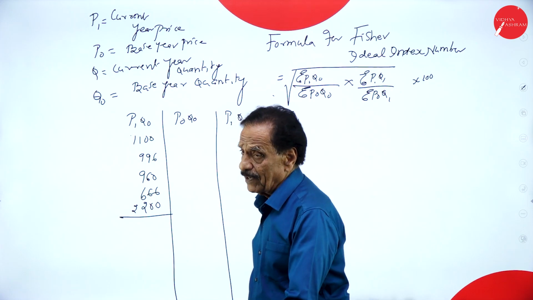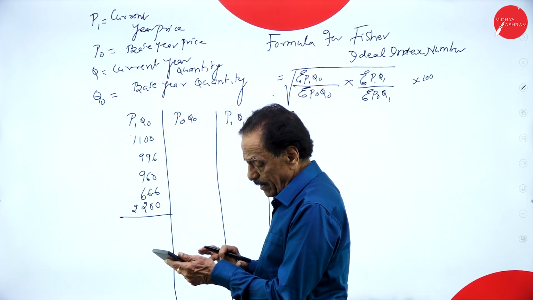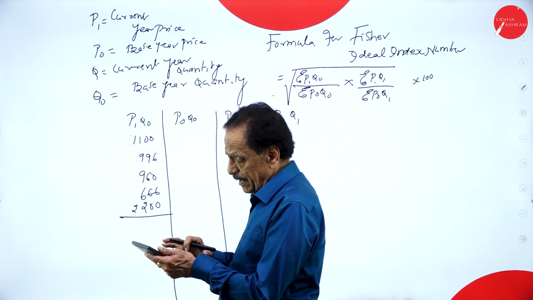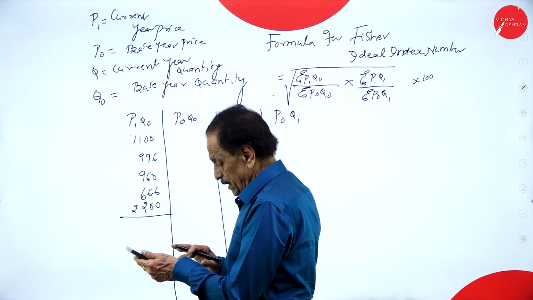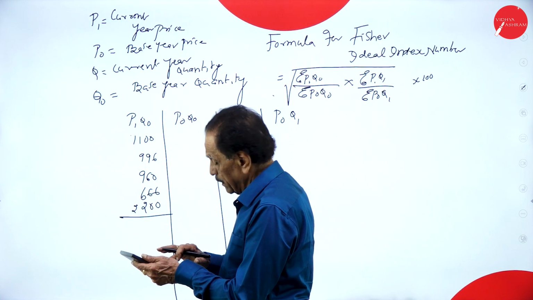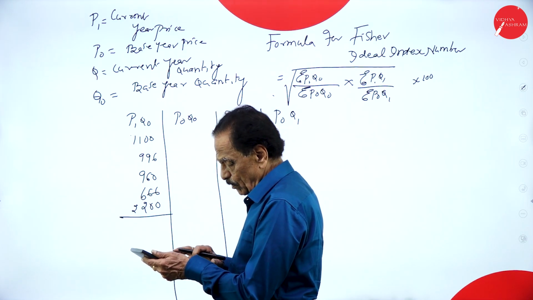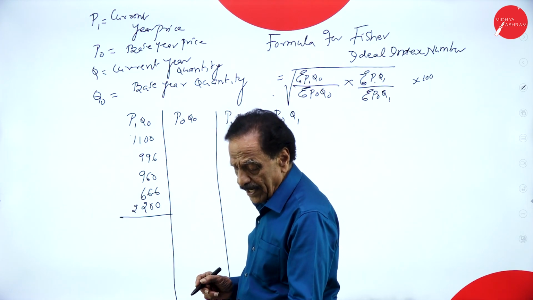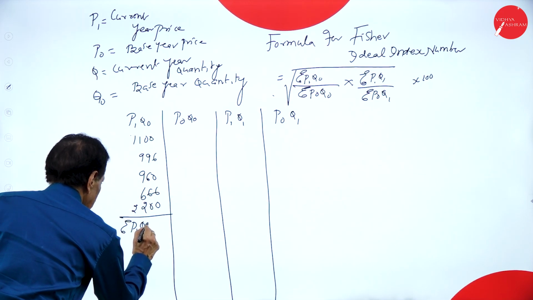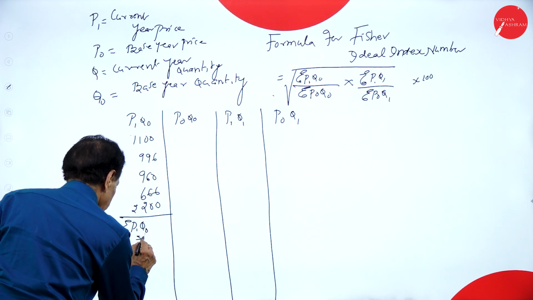Now you must add the figures to find sigma P1 Q0: 1100 plus 996 plus 960 plus 666 plus 2200. So 5922. Sigma P1 Q0 is equal to 5922.